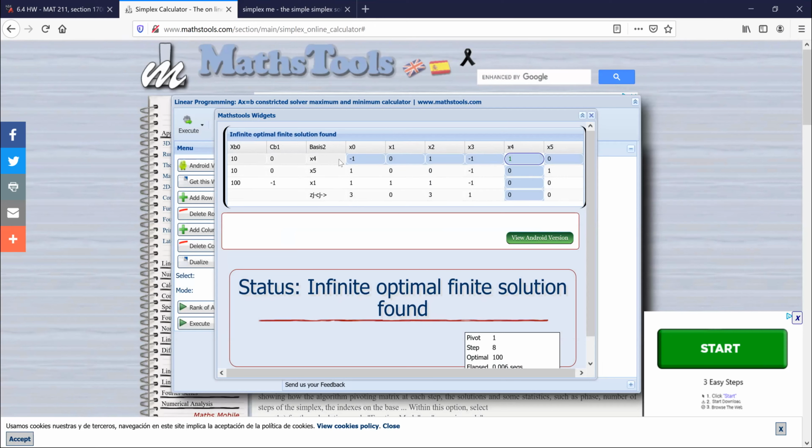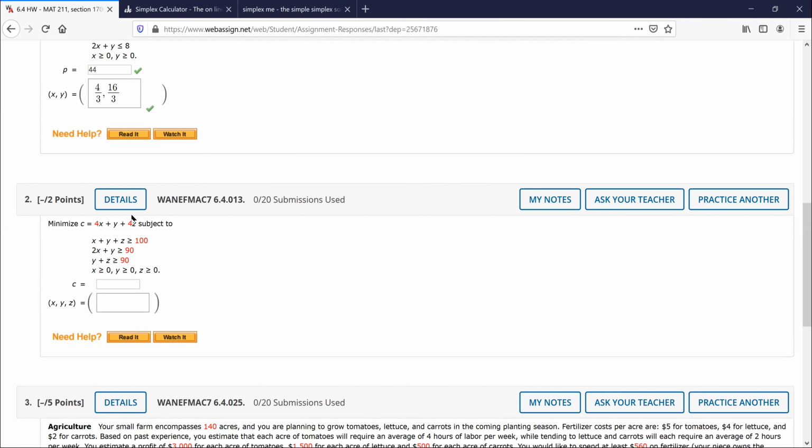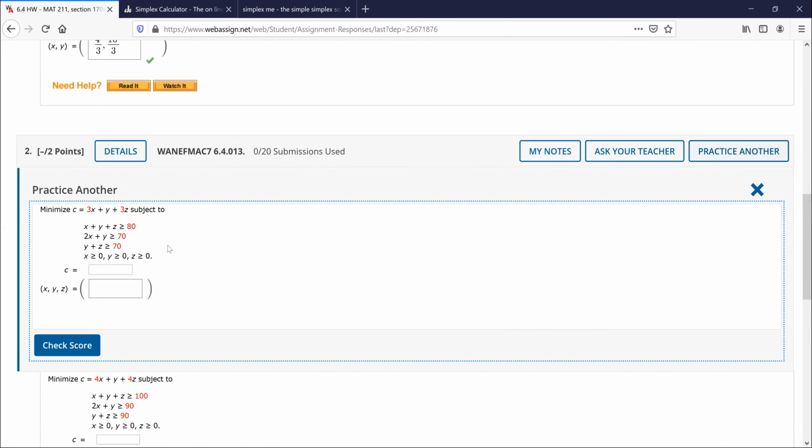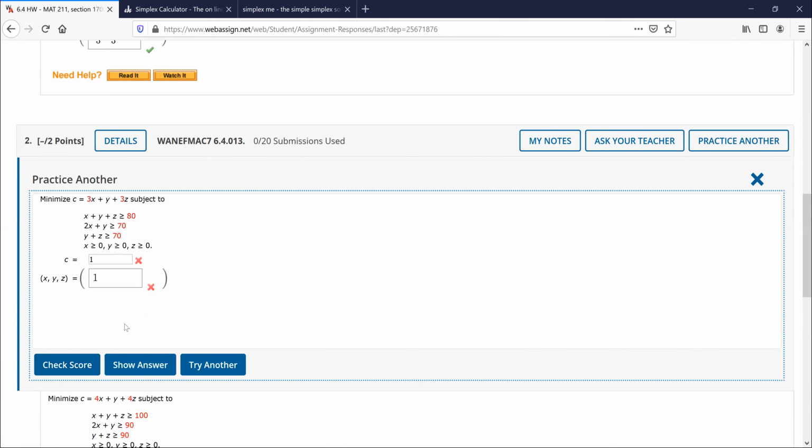So the answer is infinite optimal solution found. So this says the same thing. Wow. What bad timing here. So let me see what the solution is. Show answer.